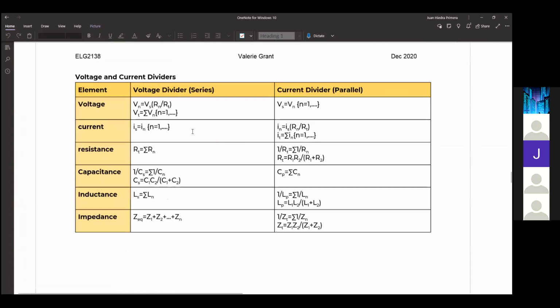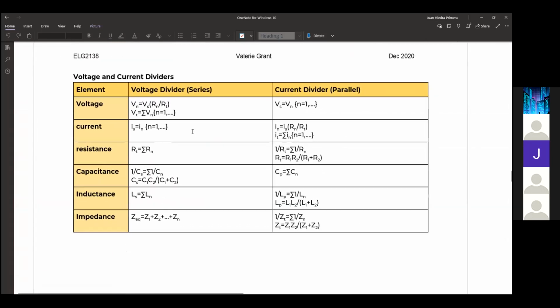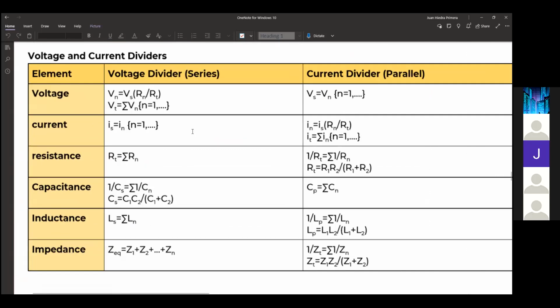And then one of the other things that we have to cover in terms of circuit analysis is voltage and current division. These make your life way easier when you're dealing with a circuit and you don't know what the split of current or the split of voltage between series elements or parallel elements is.